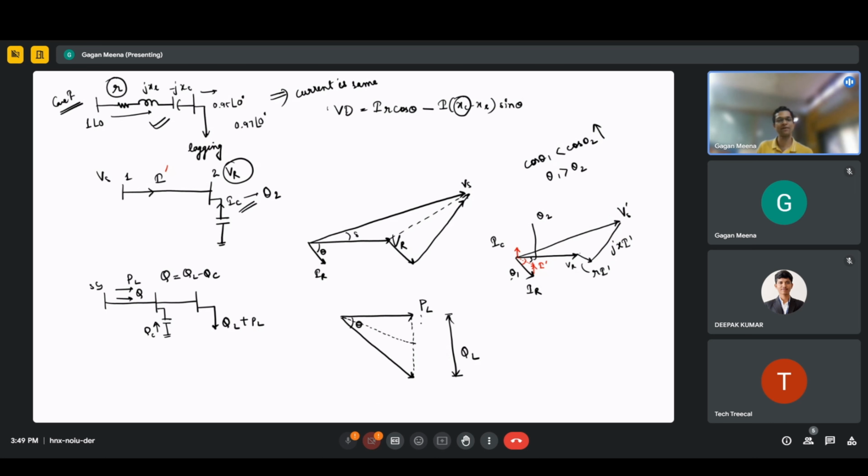Now because of adding the capacitor, this is net Q, which is QL minus QC. So this much is QC. This much reactive power is being supplied by the capacitor, and that is why the power factor is improving. So this is S1 and this is S2.